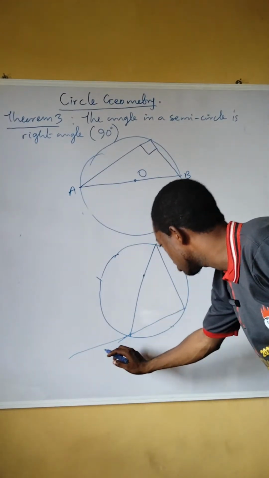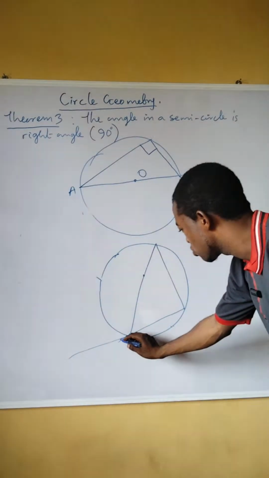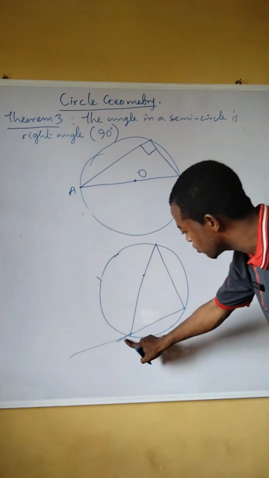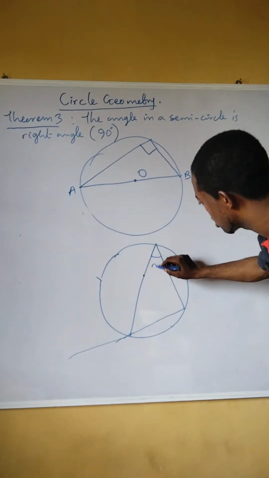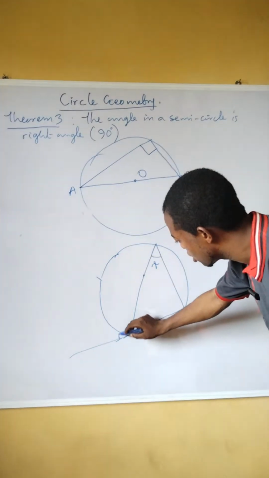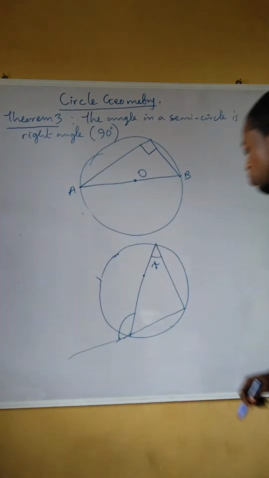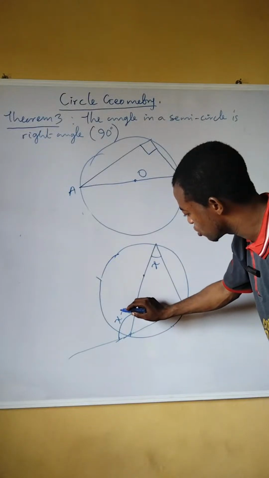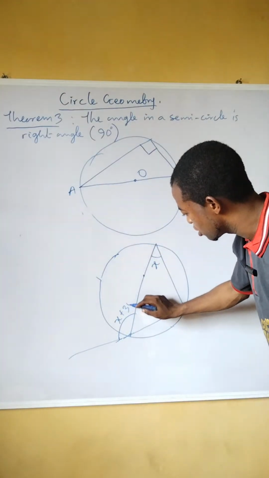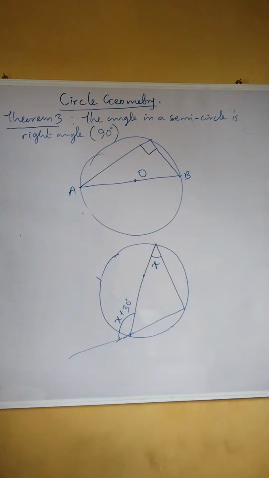Here we are given an angle. This is given as x, and this angle is given as x plus 30 degrees, for instance. Now the question says we should find the value of x.